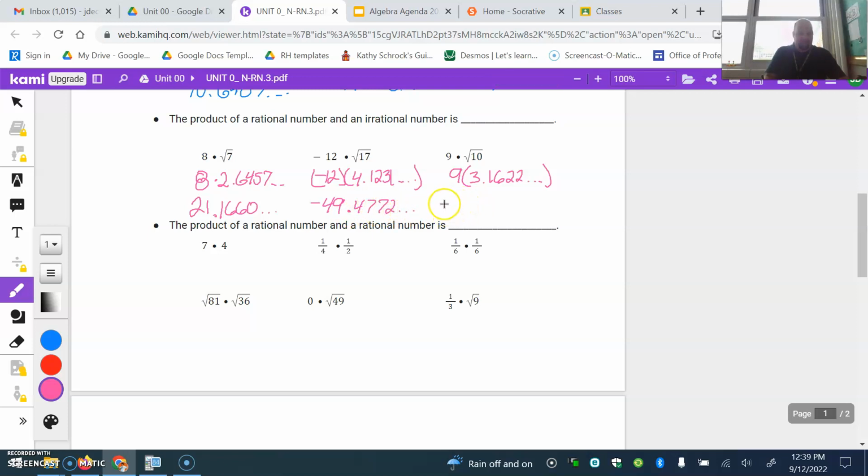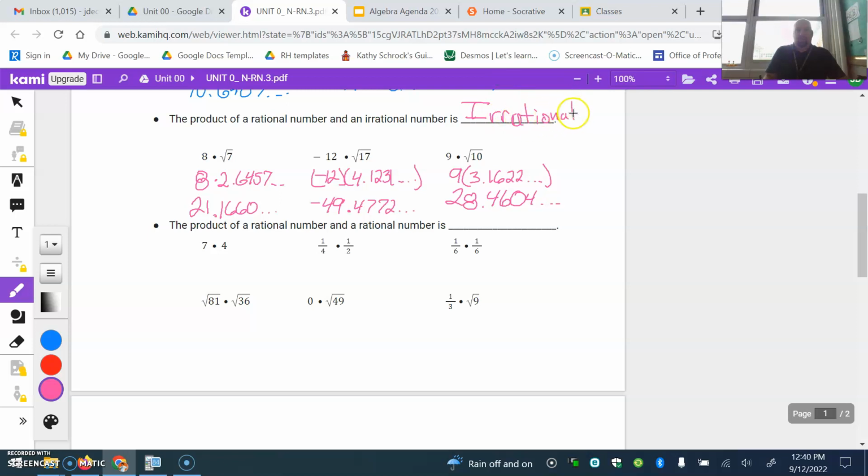Remember, the dot dot dot does not mean it repeats. What it means is it continues on forever, and in the way that it is, which is there's no pattern. So it doesn't repeat, and there's no pattern. So again, the product of rational and irrational is irrational.